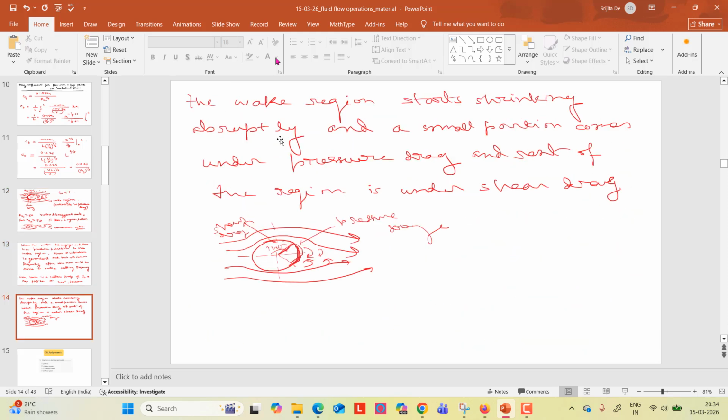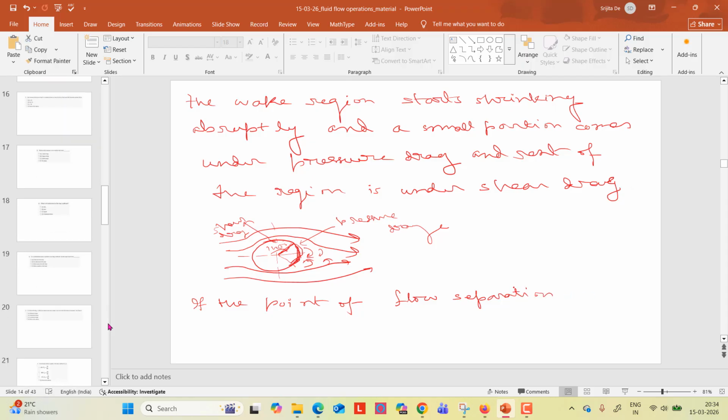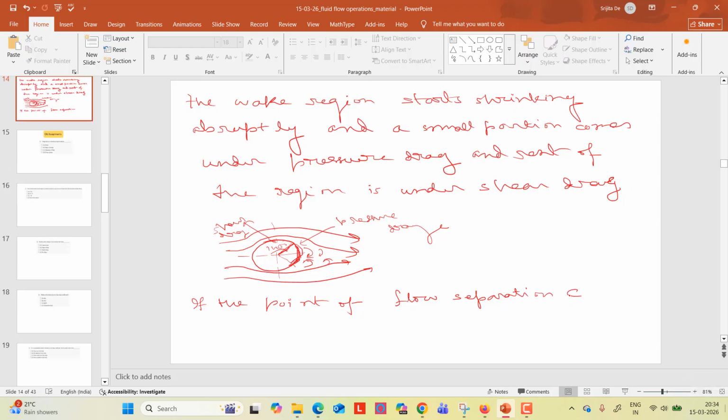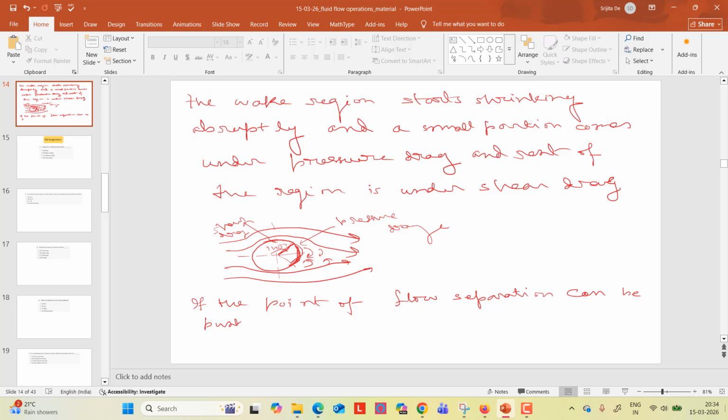Okay, so what you will understand is that if the point of separation, meaning flow separation, can be pushed to the rear half of the object, then the pressure drag as well as the overall drag can be reduced.